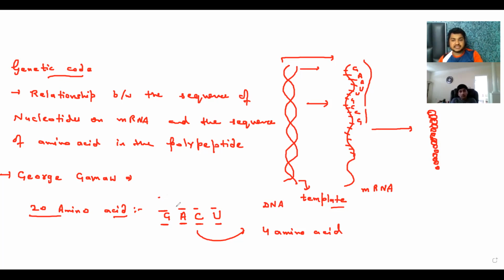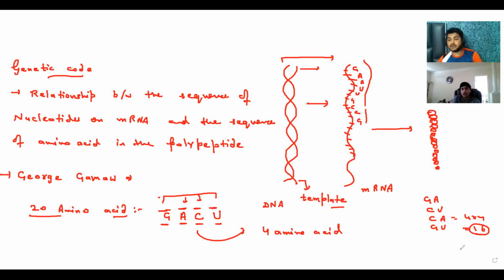It means if these codes help in the formation of amino acids, it is not single, not individual. Maybe they are connected together like a doublet, maybe like this: GA, CU, CA, GU. Can you tell me how many combinations will get formed from these four if you combine them? So 4 into 4, you will get 16, right?